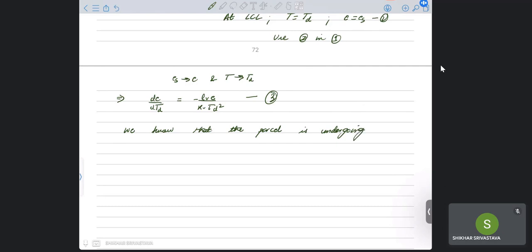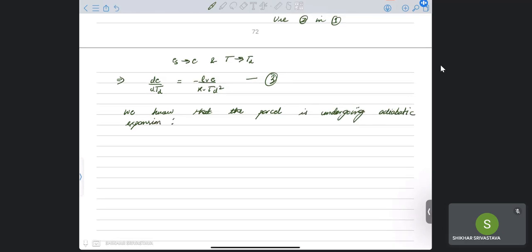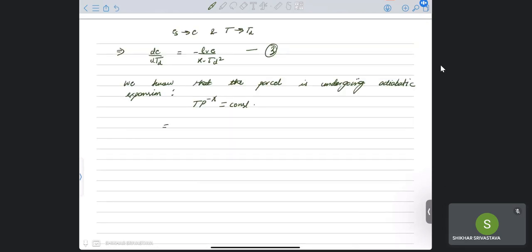As the parcel is rising, it is going through adiabatic expansion, because we are assuming that the parcel is not exchanging heat with the environment. For an adiabatic process, you must have learned in the thermodynamics course, the Poisson equation: T P to the power minus chi is constant. Here T is the temperature, P is the pressure, and chi is the ratio R upon Cp. So you take log on both sides.